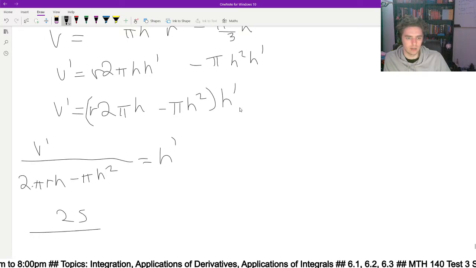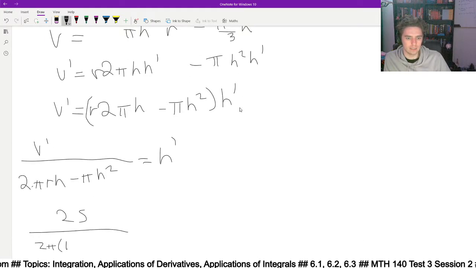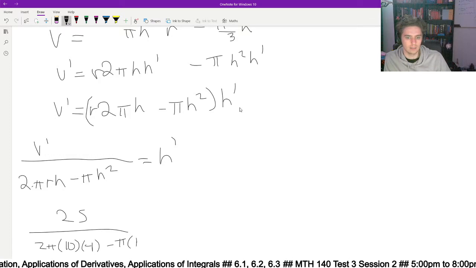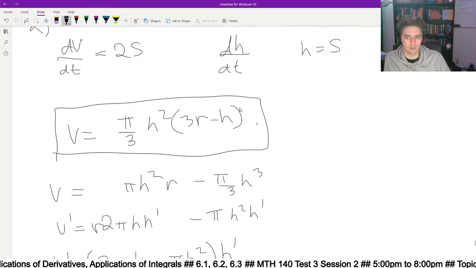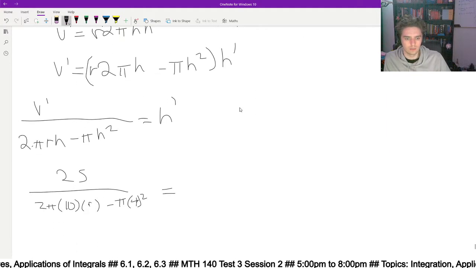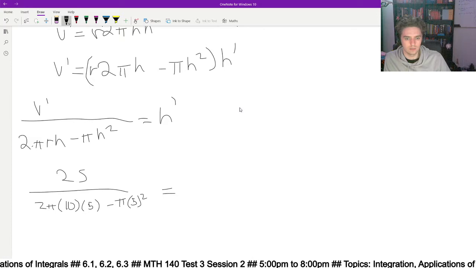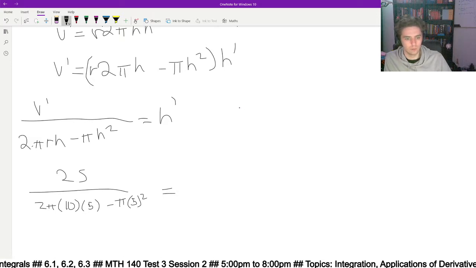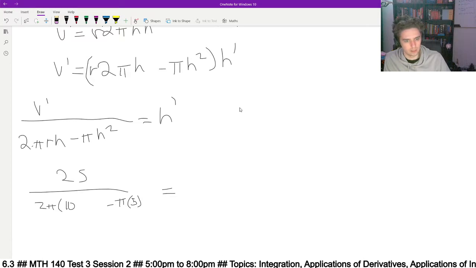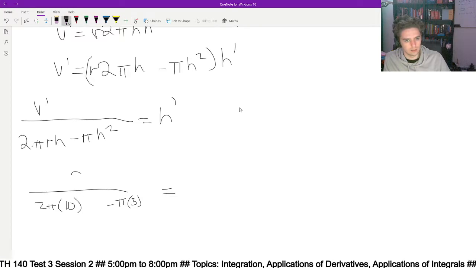So this is 25 over 2 pi times 10 times 4 minus pi times 4 squared. Right, the height was 5, not 4. So this is 5. This is 5. Well, I can take a 5 out of everything. Right, so that's 5.